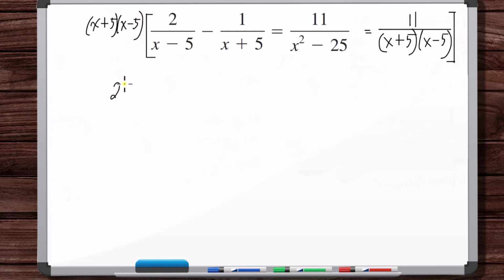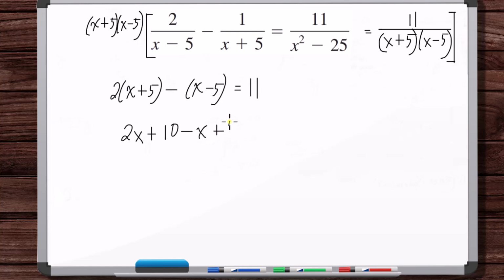So we have 2 times x plus 5 minus x minus 5 is equal to 11. So 2x plus 10 minus x plus 5 is equal to 11. So 2x minus x is x. 5 plus 10 is 15 is equal to 11.